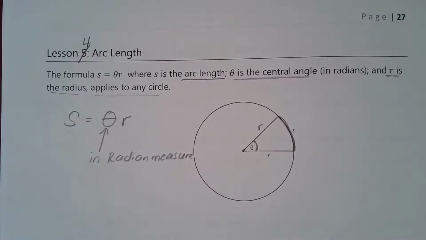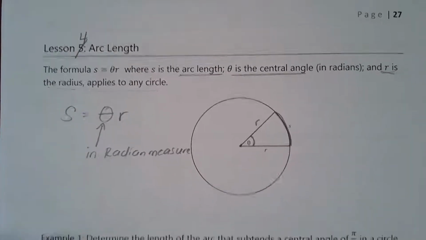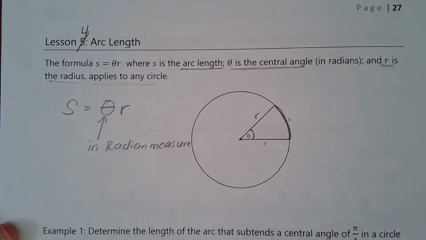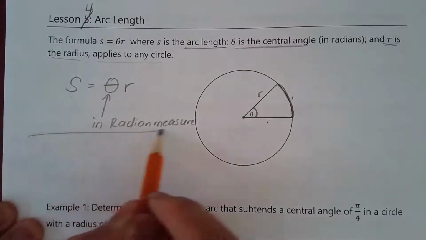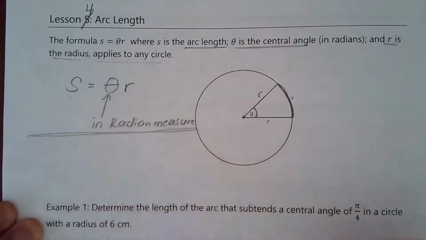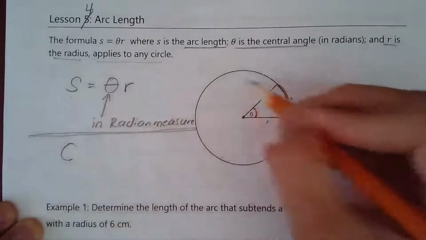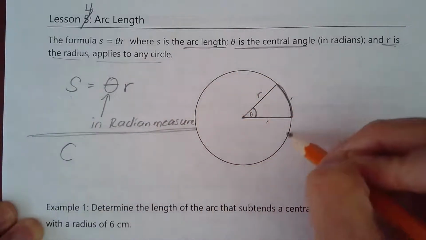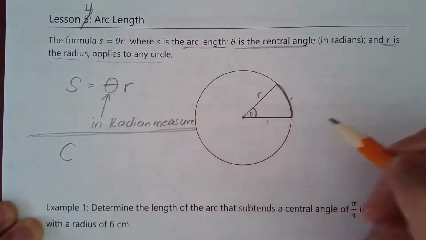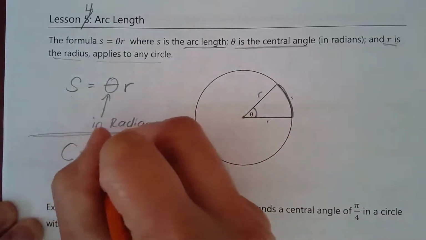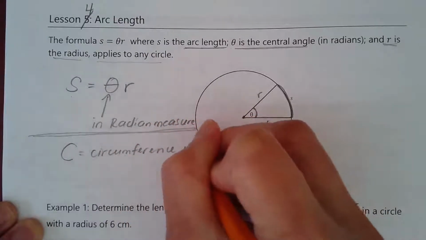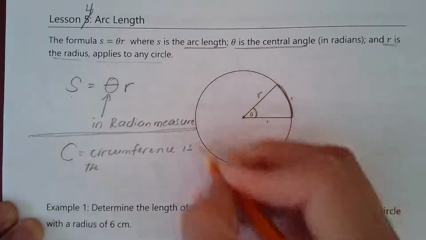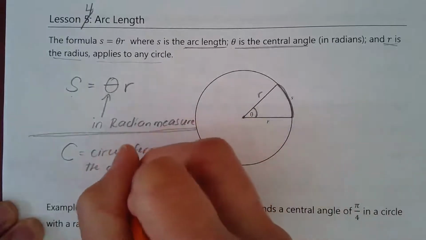Now I'm going to talk about this very quickly, and then we'll move on to the rest of the lesson. In the past, you've probably learned the circumference. The circumference is the distance all the way around the circle, the perimeter.